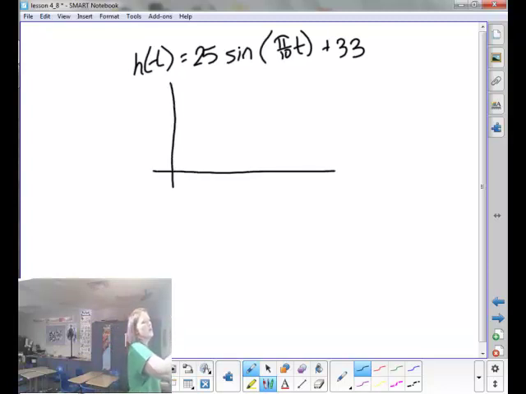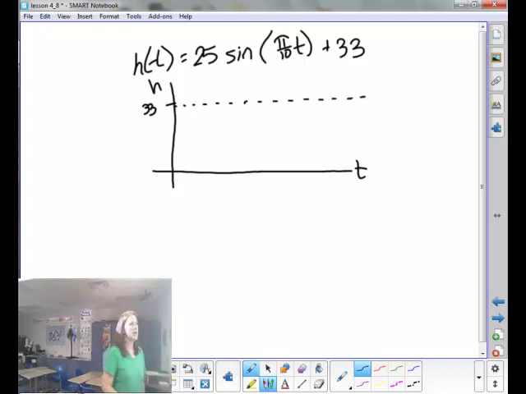Okay, well, this is my time, and this is my height as a function of time, and I know that the whole thing has been shifted up 33. So if this is 33, this is sort of my midline, if you will, of what's going on, and I know that it takes me 20 seconds to complete one cycle, okay?